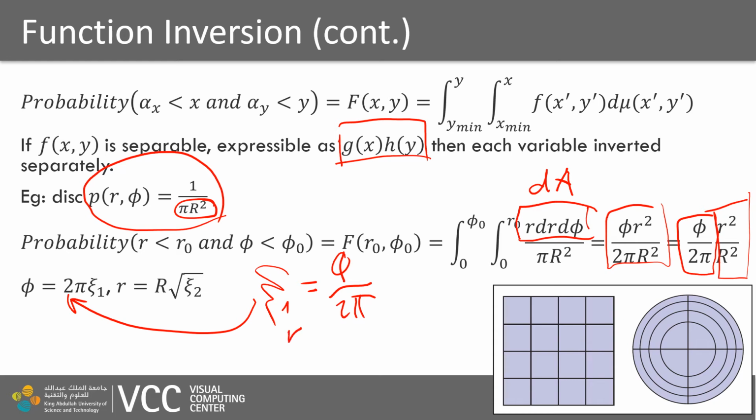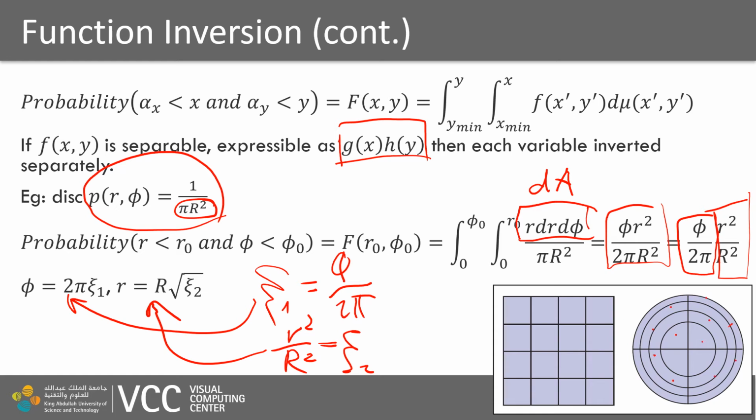So r squared divided by capital R squared is equal to another canonical random variable. And then if we want to find out what r is, we just put the capital R on the other side and perform the square root of it. And we can see that this changes our distribution of our random variable in a uniform way.